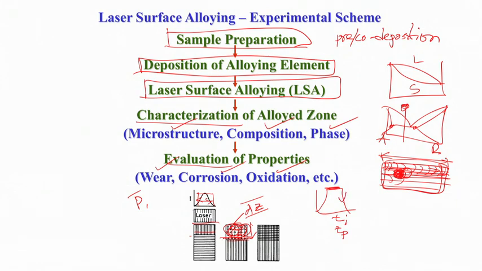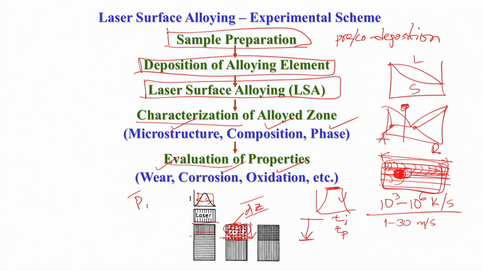This cooling rate is extremely fast, anything from 10 raised to 3 to 10 raised to 6 Kelvin per second. With this fast cooling rate, the effective solid-liquid velocity could be anything from, say, 1 to 30 meters per second. So the solid-liquid interface, which starts moving from the top and goes until the bottom of the alloyed zone, moves at a very fast rate.